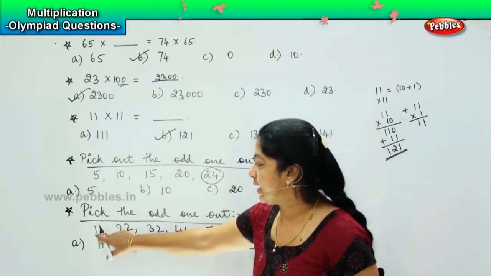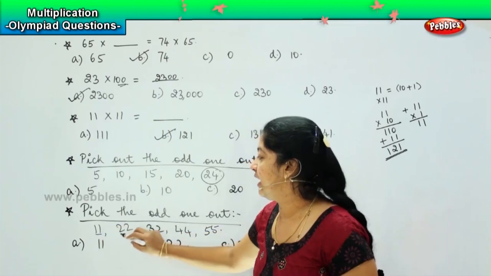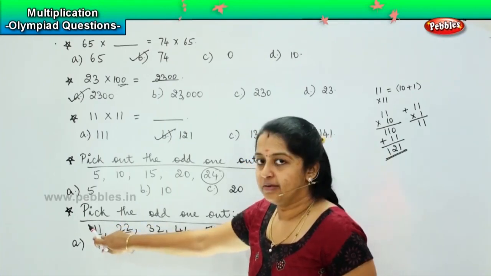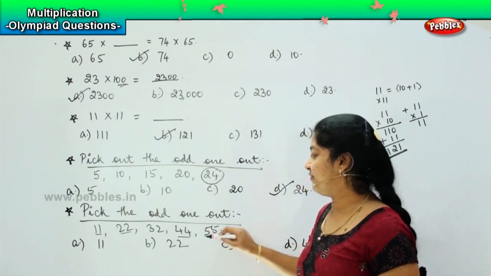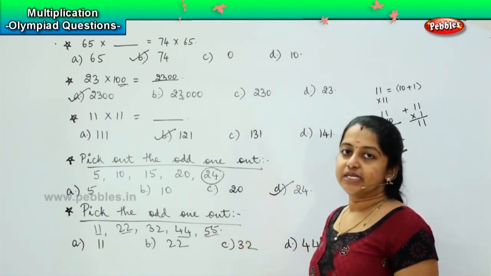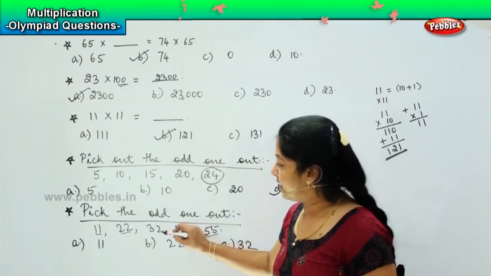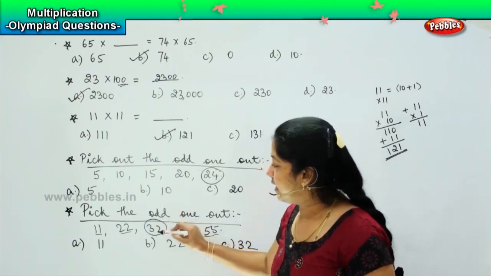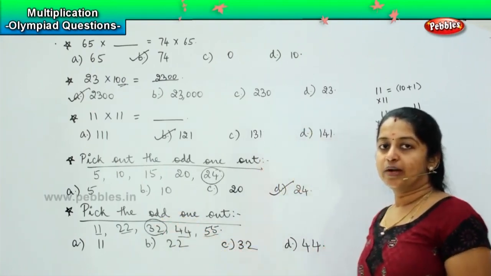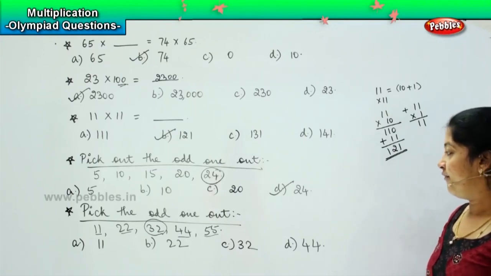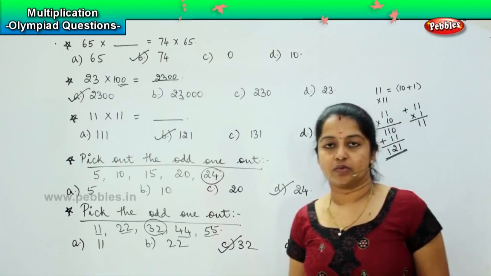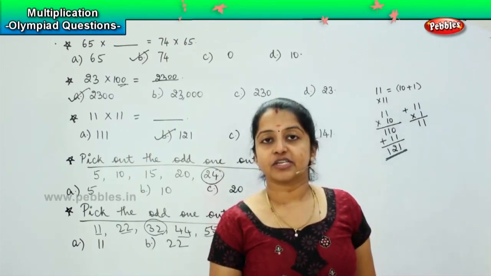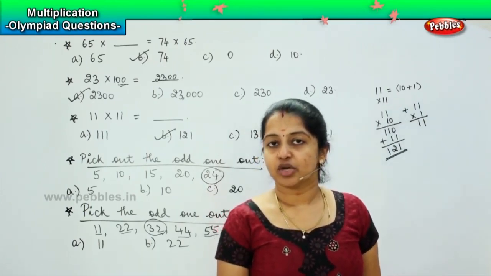So, if you see here, it is following the table of 11. 11 ones are 11, 11 twos are 22, 11 fours are 44, 11 fives are 55, 11 threes are 33, but then here they have written 32. So, which is the odd one out here? Very good. So, option C 32 is the odd one out. Are you finding it interesting to solve, children? Shall we solve some more?